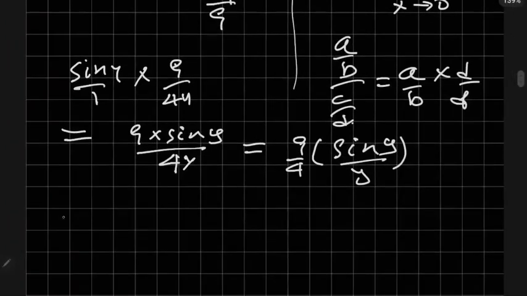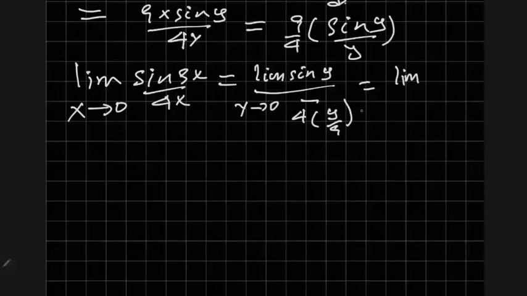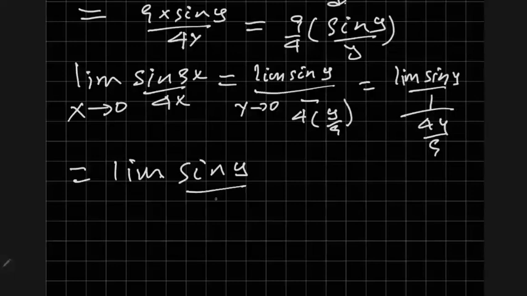So the limit of sine of 9x over 4x as x goes to 0 is equal to the limit of sine y over 4 times y over 9, which is equal to the limit of sine y over 1 over 4y over 9, which is equal to the limit of sine y over 1 times 9 over 4y as y goes to 0.